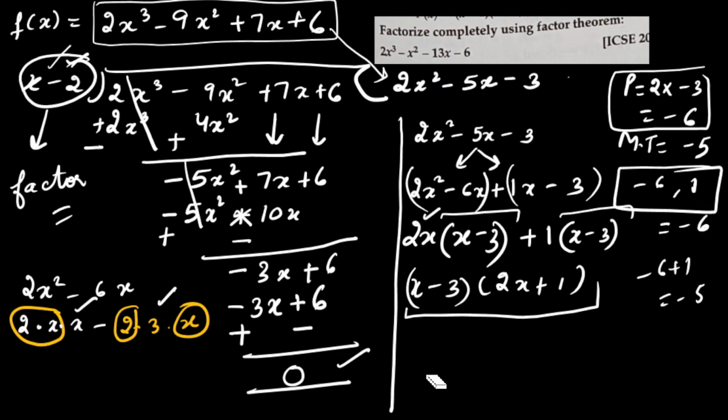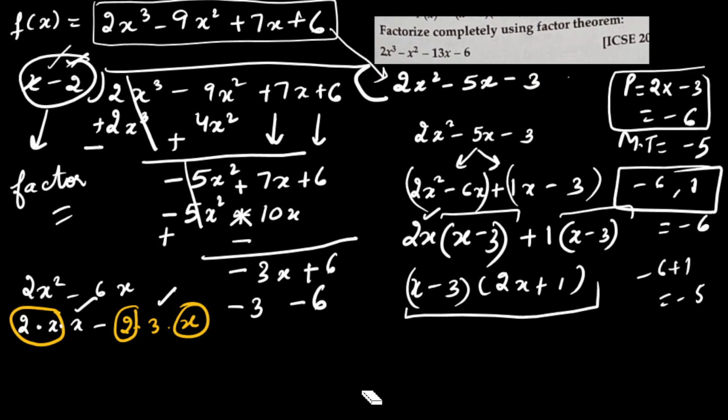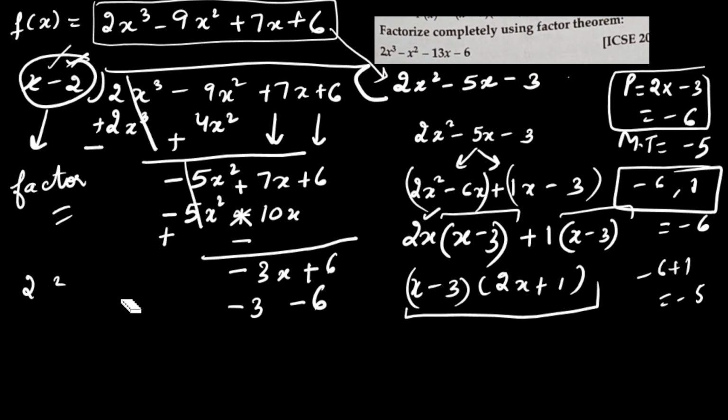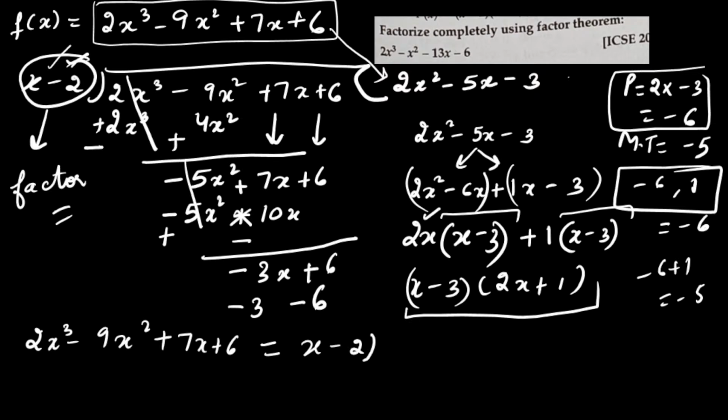So the given polynomial can be written, and at the end you have to write that. If you write everything properly, you will get full marks in the question. So you can write at the end 2x cube minus 9x square plus 7x plus 6 equals x minus 2, which was the first factor we found, then x minus 3 and 2x plus 1.